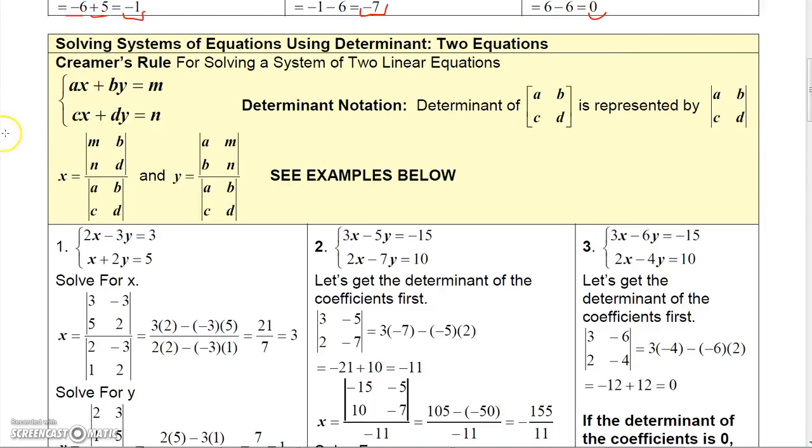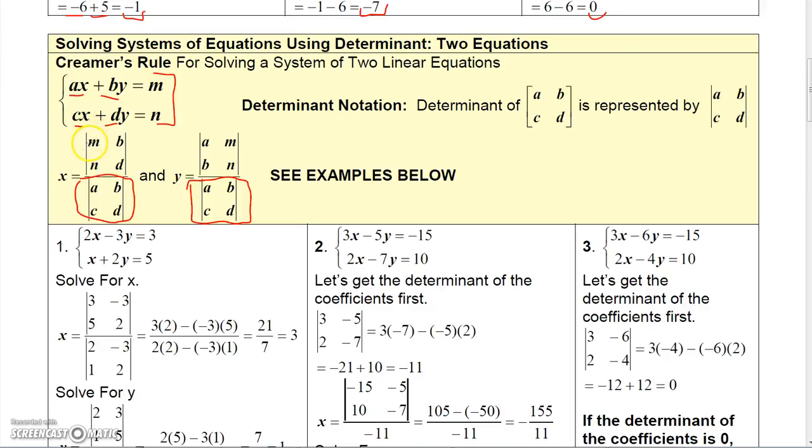So the formula for Cramer's rule, if you have two equations where you have ax plus by equals m and cx plus dy equals n, then x is simply going to be a determinant on top over a determinant on bottom. Now the determinant on bottom in both of these, whether you're solving for x or y, is just the determinant of the coefficients a, b, c, d.